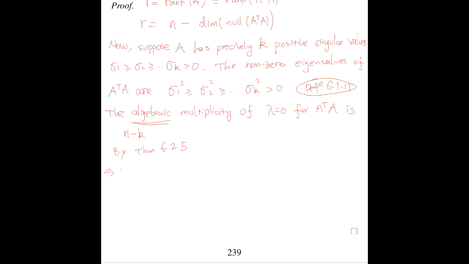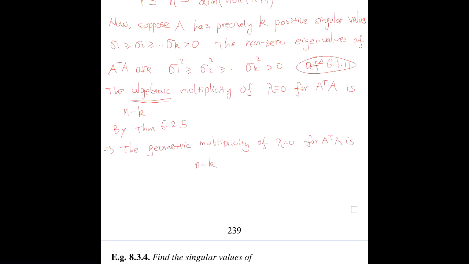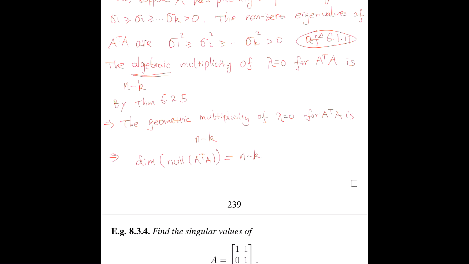So now we have that the geometric multiplicity of the eigenvalue lambda equals 0 for A transpose A is also n minus k. And if the geometric multiplicity of lambda equals 0 is n minus k, we know the dimension of the null space of A transpose A is just n minus k.